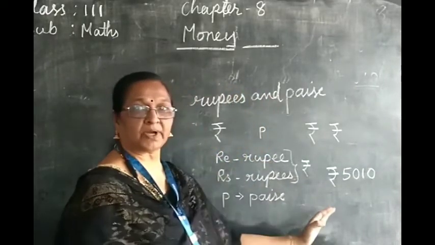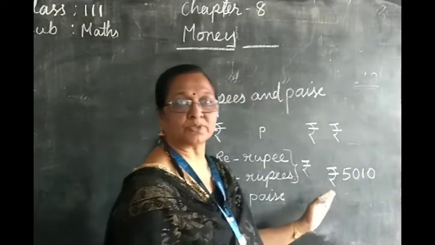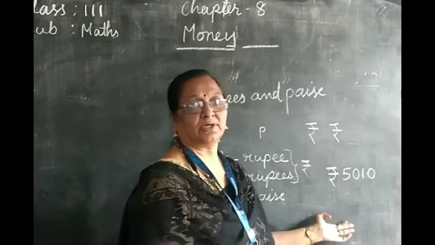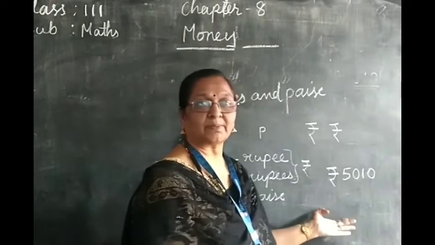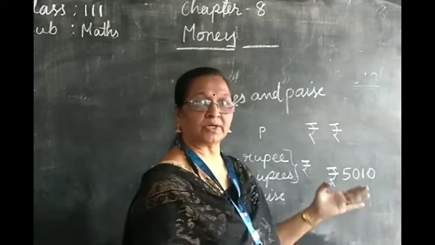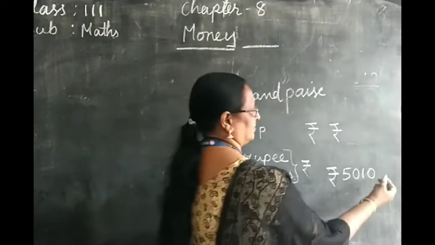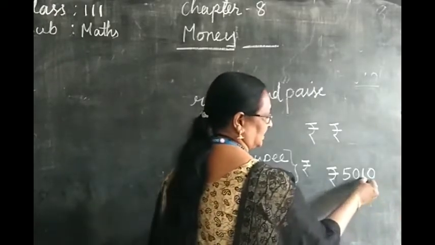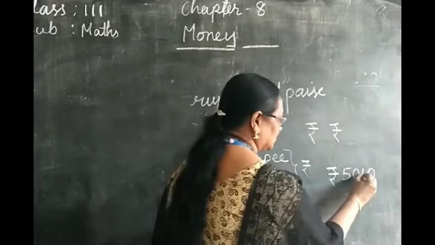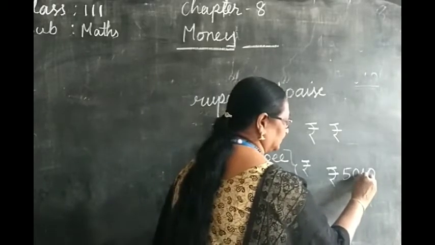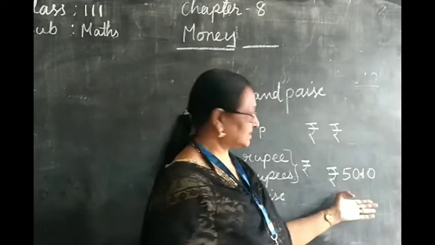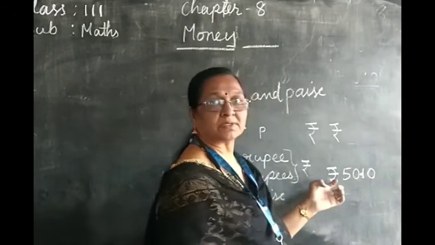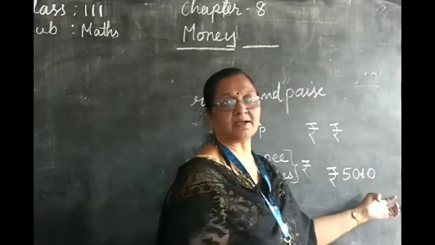Now, we have to separate the rupees and paise using the dot. How to put the dot? Now, you just count from ones place. Ones, tens. After tens place, you are going to put the dot here. Now, it is read as rupees 50 and 10 paise.